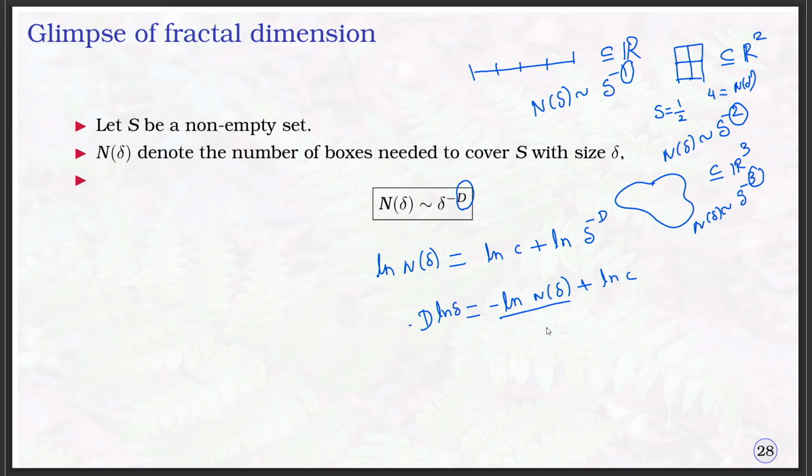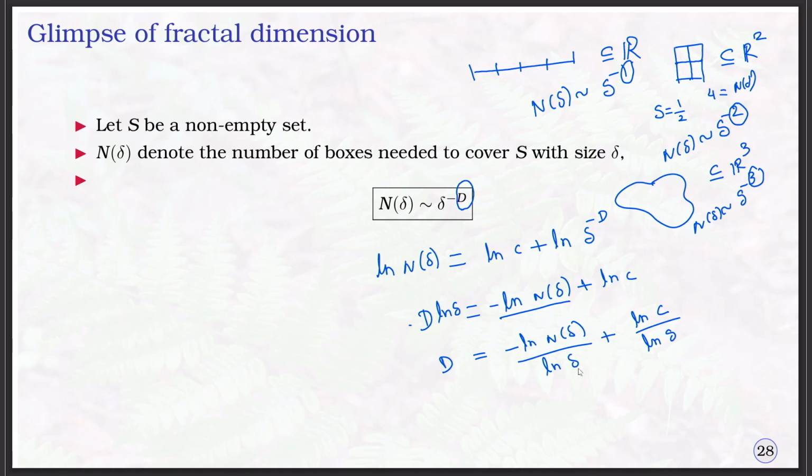right. Then if you are finding the D, minus ln n of delta over ln delta plus ln C by natural logarithm of delta.